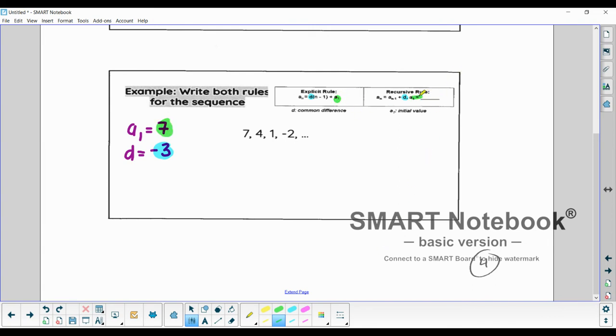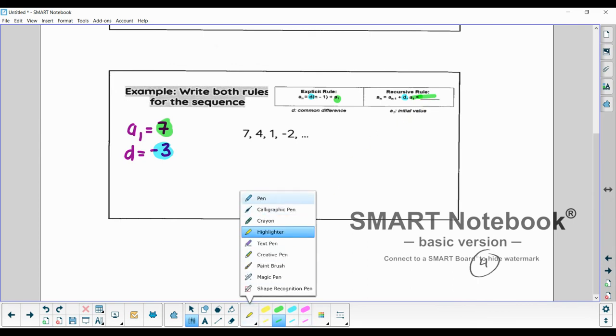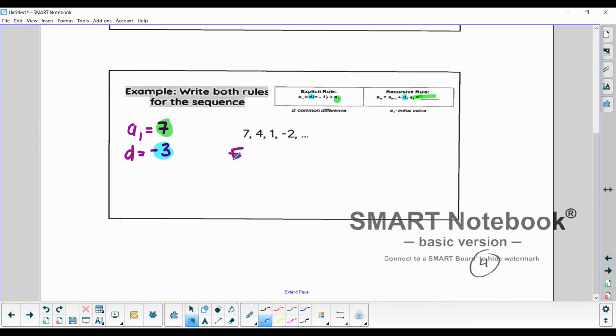So basically, you just rewrite everything else. So our explicit rule would be A sub n equals -3 times n minus 1 plus 7. So I just plugged in D and A sub 1.